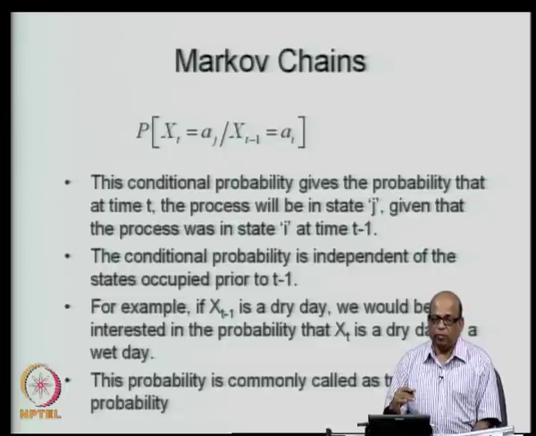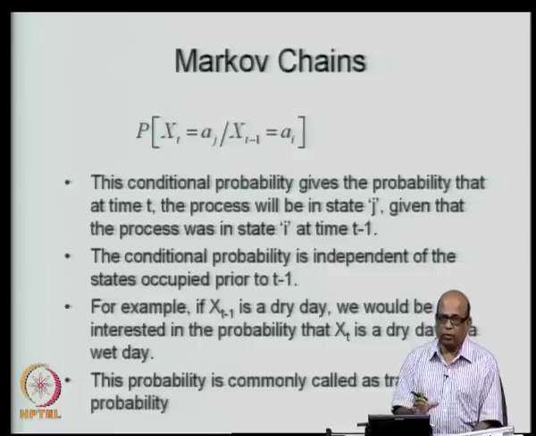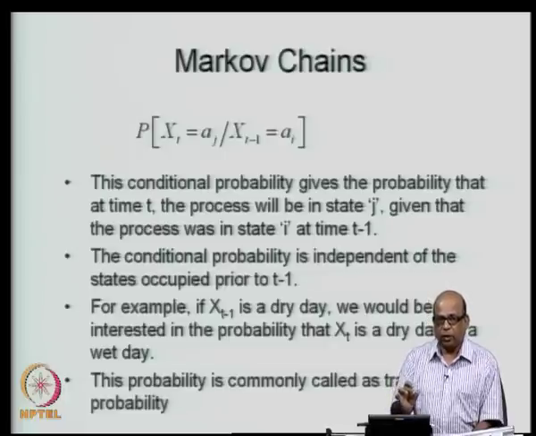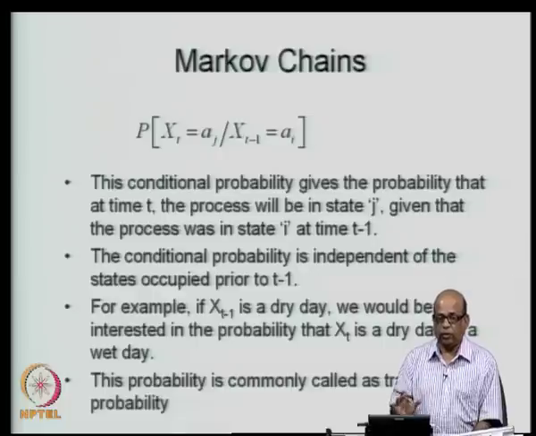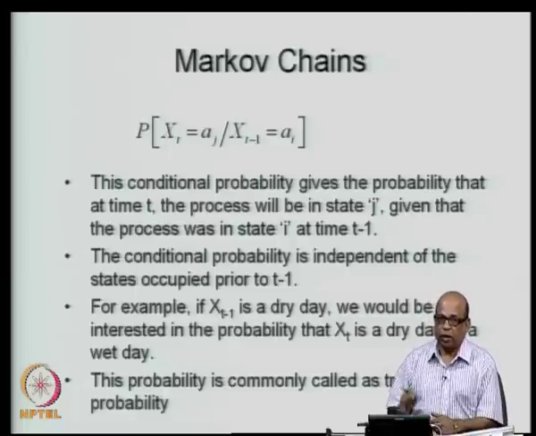In the reservoir flows cases, we may use this to develop stochastic optimization techniques, where we consider the inflow to the stream flow as a Markov chain, and then discretize the inflow into several states, and then identify which state or which class interval the inflow during a particular time period belongs to, and then what is the transition probability with which it transits into a given state in the next time period.